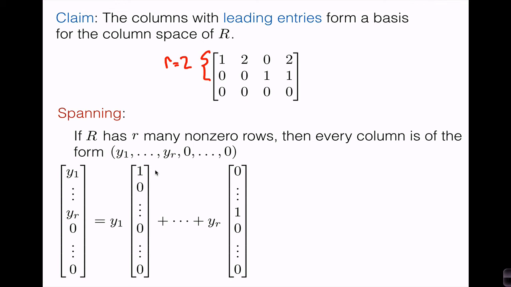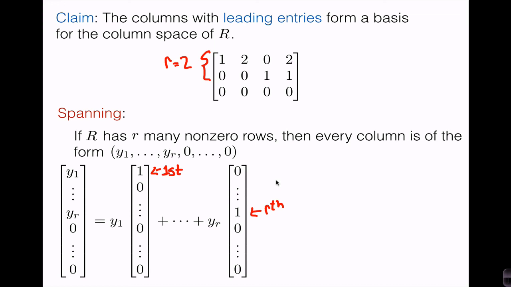So for example, this vector has a 1 only in the first coordinate, and this vector has a 1 only in the rth coordinate, and in between we have the vectors that have a 1 only in the second coordinate, third coordinate, etc., up to r. So any vector of this form we can write as a linear combination of these r many vectors.